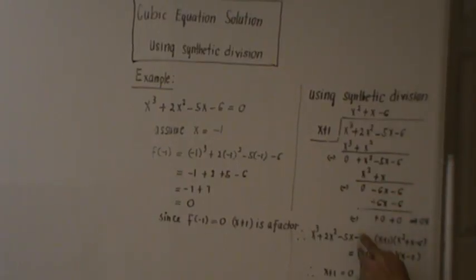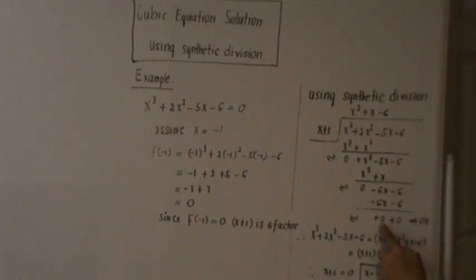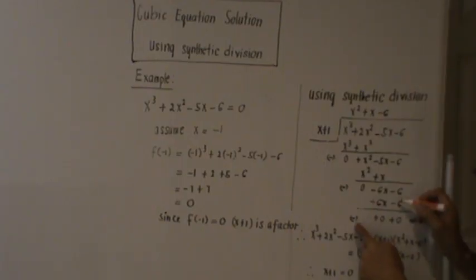Right? Because the operation is subtraction, this is negative, so it will become plus. So minus 6x plus 6x will be 0. And again, if we subtract this one here, it will be negative 6. This is minus, but this is minus 6, so this will become plus also.